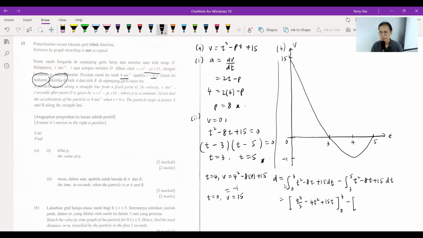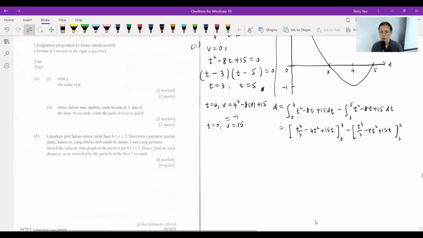Okay, then had bawah and had atas. This is t cubed over 3, minus 4t squared plus 15t, 3 to 5. Okay, now let's move on. Let us substitute, put 3 inside: 3 cubed over 3, minus 4 times 3 squared, plus 15 times 3.